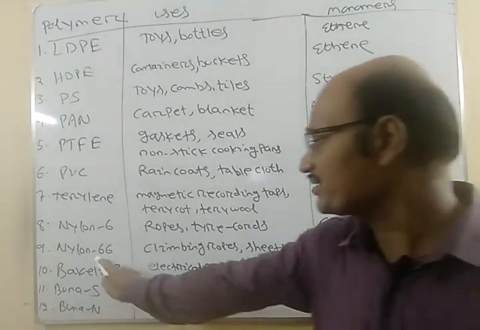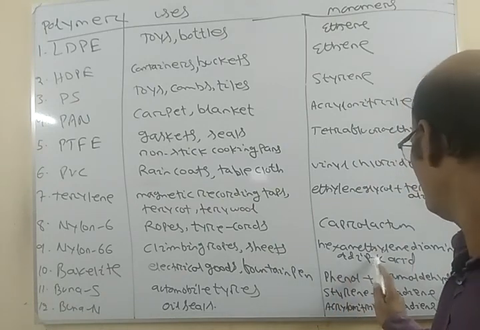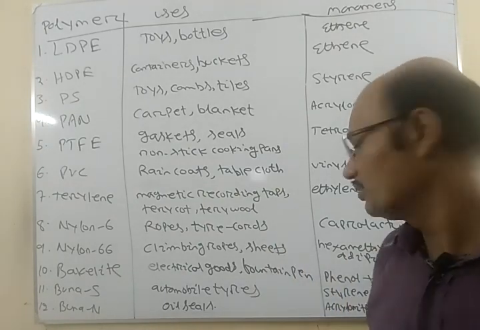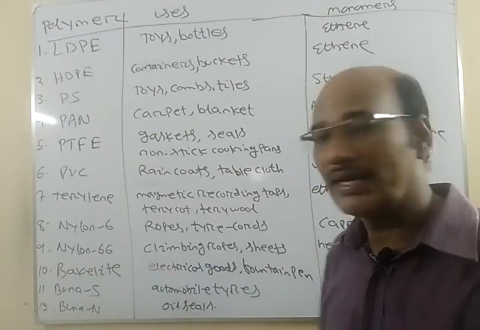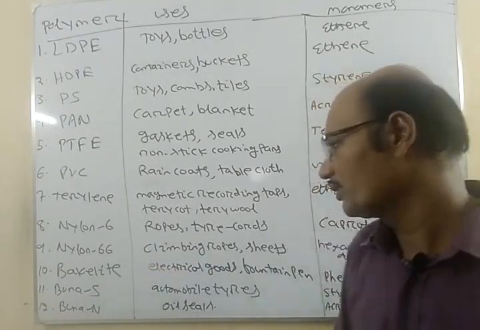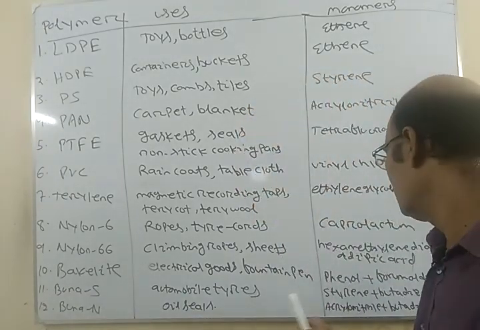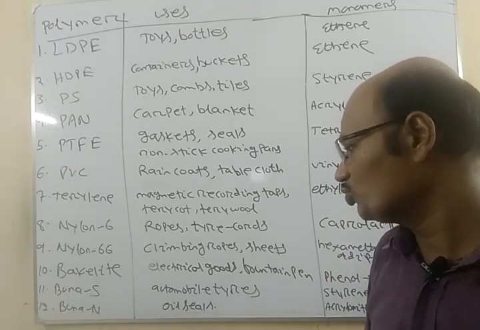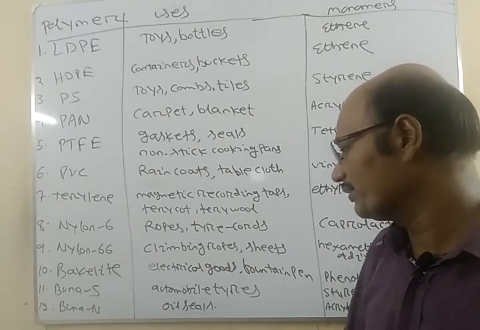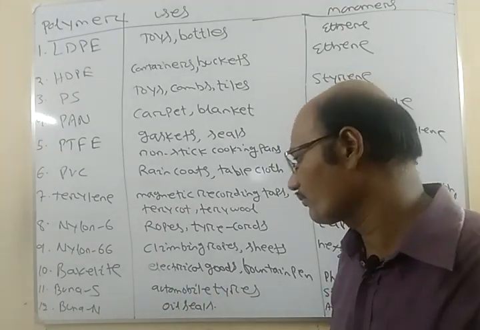Nylon 6,6, the monomers are hexamethylene diamine and adipic acid, used for making climbing ropes and sheets. Similarly, bakelite, the monomers are phenol and formaldehyde, used for making electrical goods and fountain pens.